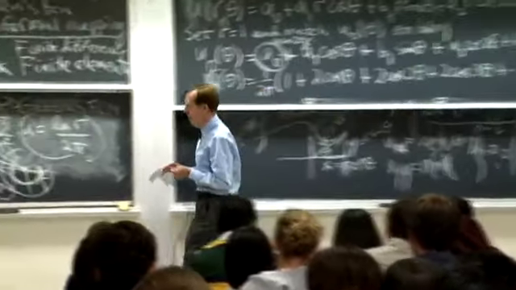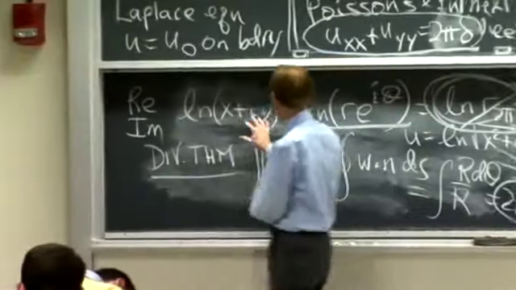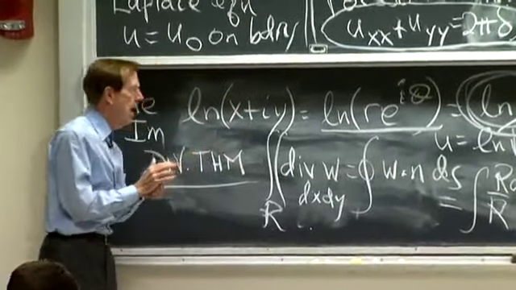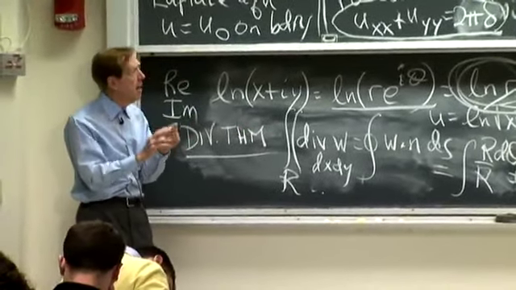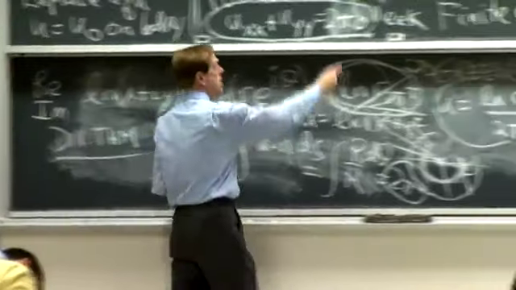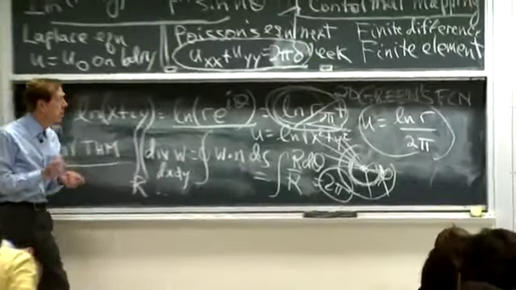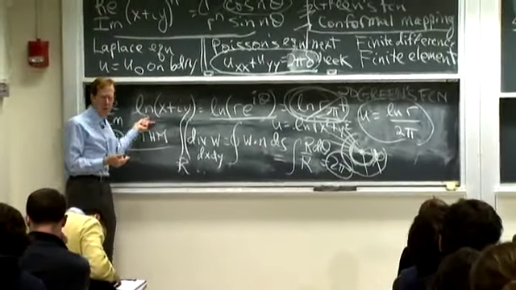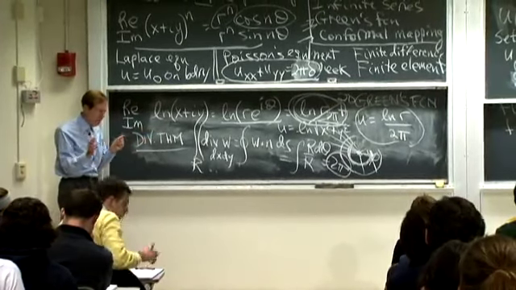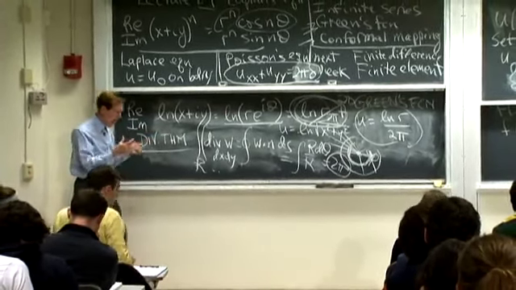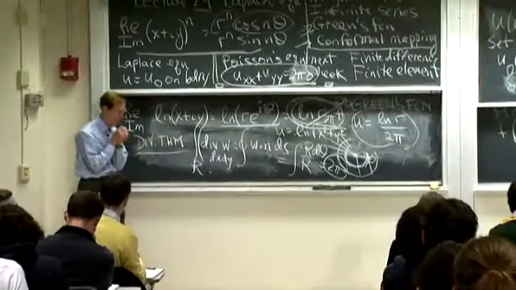The second method is look at functions of x plus i y, and try to pick one that matches your problem. And if your problem has a point source at the origin, we found the one. So the literature for hundreds of years is aimed at solving other problems.